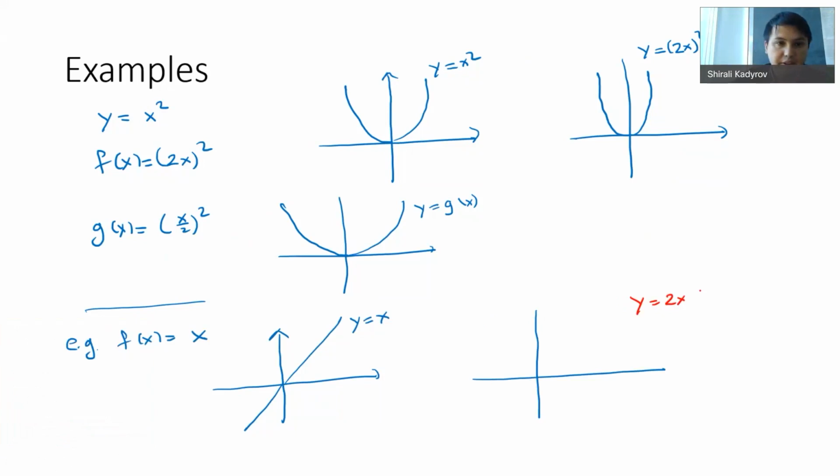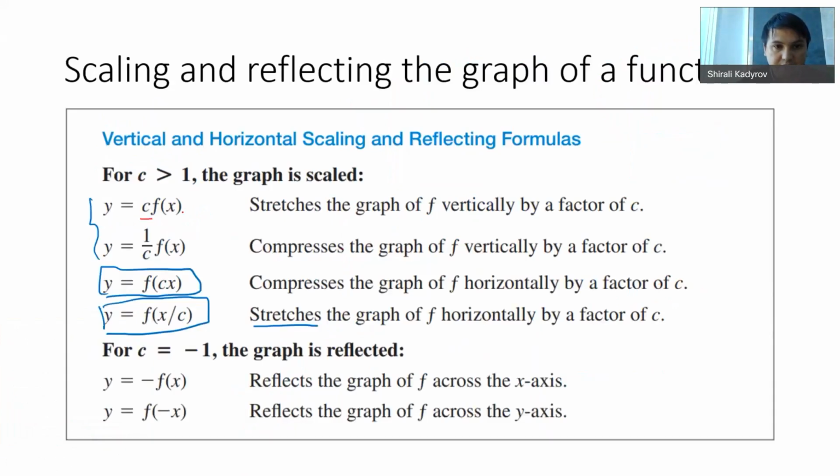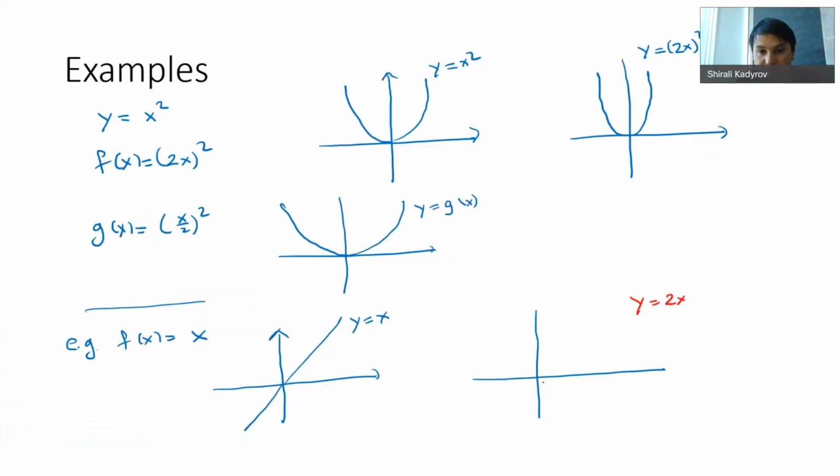So let's go back here. I'm doing this, right? 2x. So it's going to stretch the graph of f vertically by a factor of c. So my graph, you see, the original is here, it's like 45 degrees, right? Here it's also 45 degrees. But now this becomes stretched, so it becomes larger, right? Something like this.